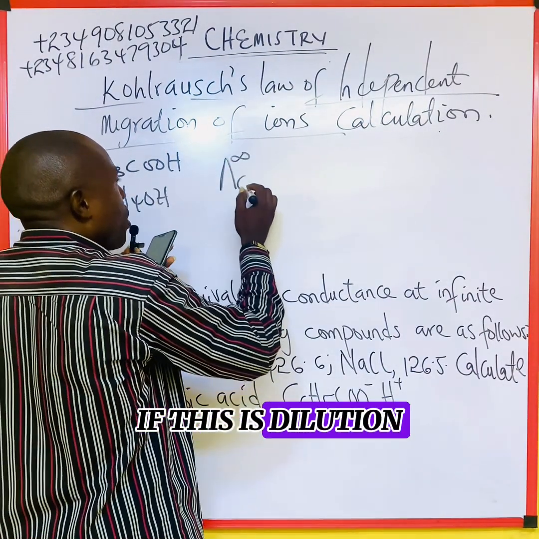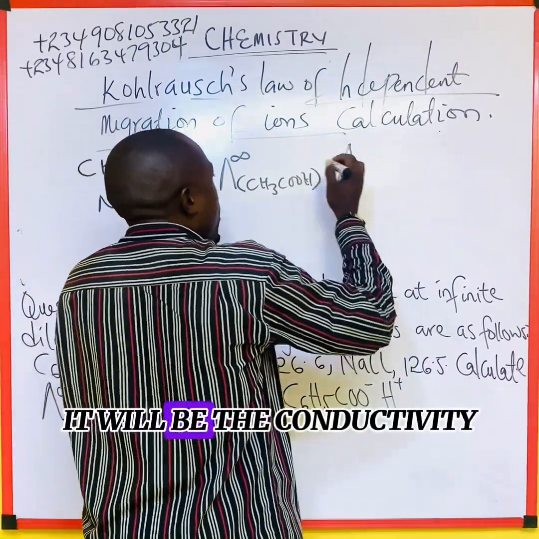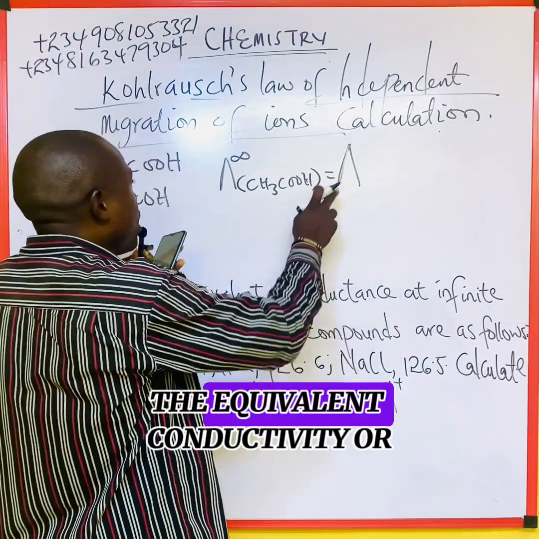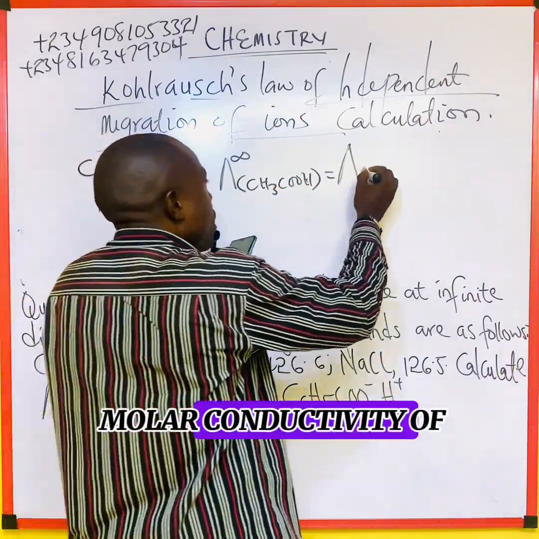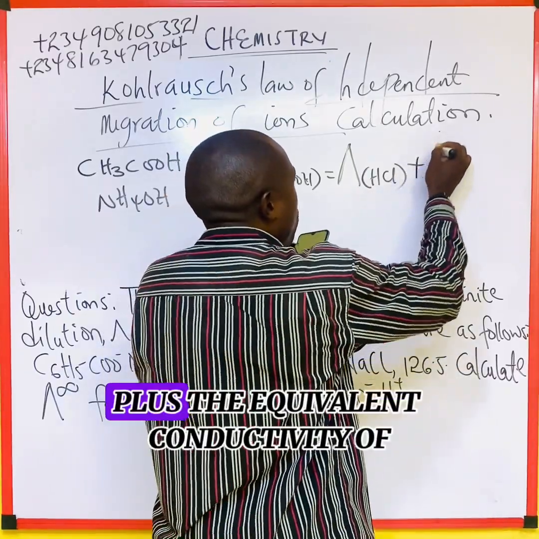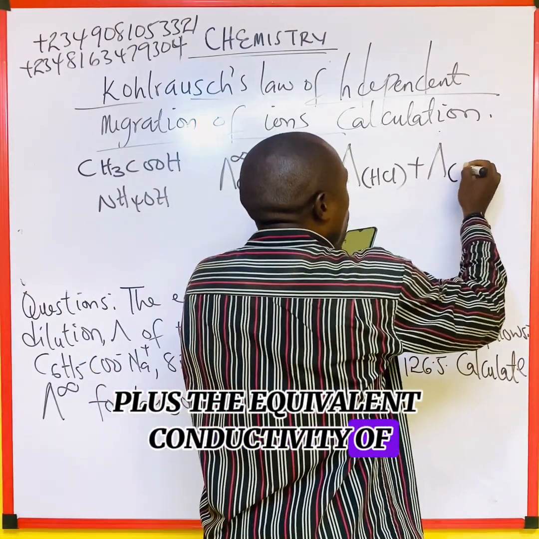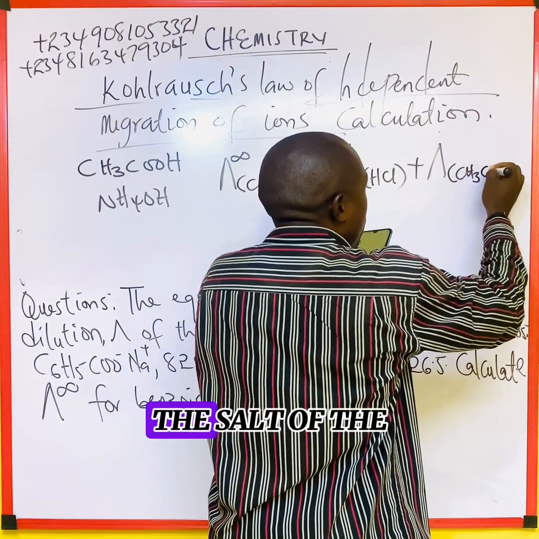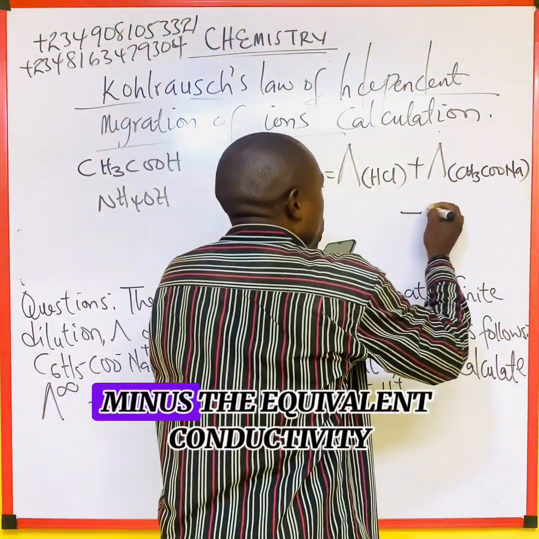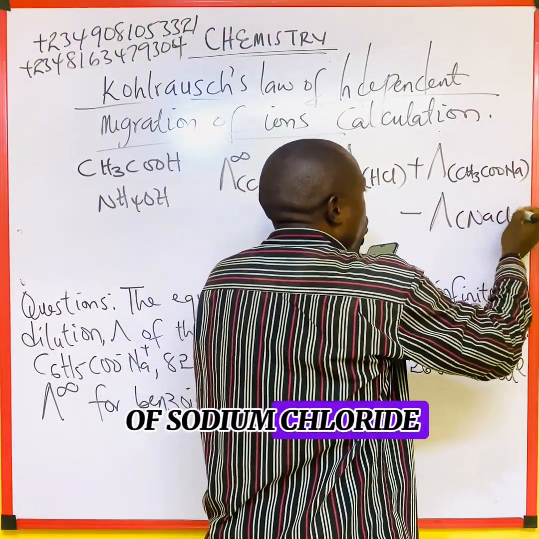If this is dilution here, so this is the acid here, for example, it will be the equivalent conductivity or molar conductivity of, first of all, the strong acid, plus the equivalent conductivity of the salt of the weak acid, minus the equivalent conductivity of sodium chloride, which is the salt.